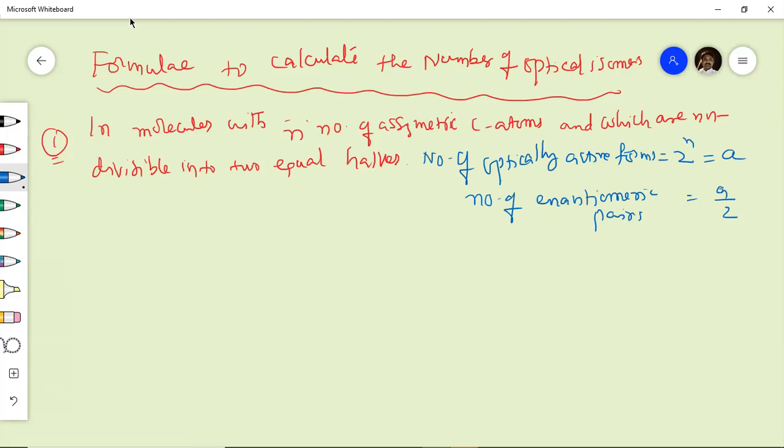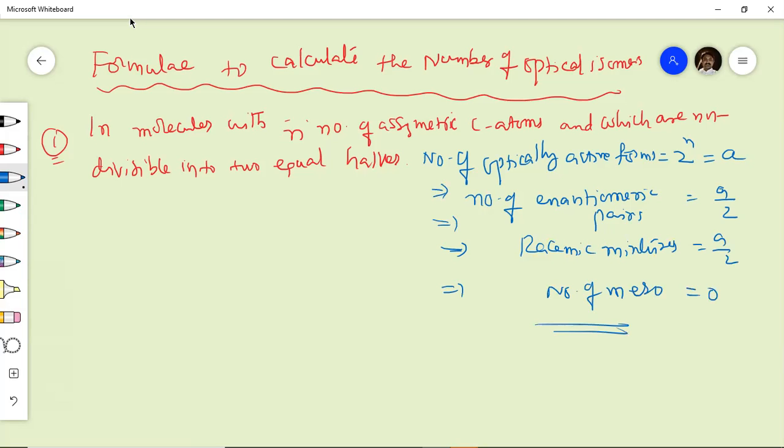Similarly, racemic mixtures are also A by 2. In this particular case, the number of meso forms is 0, as the condition says the molecule is not divisible into equal halves. This is the first step. Understand? In a molecule with n number of asymmetric carbon atoms, this will apply. Let us move to the next one.